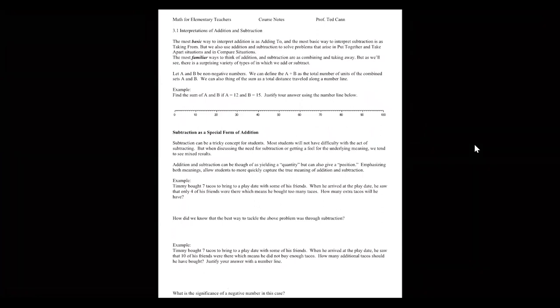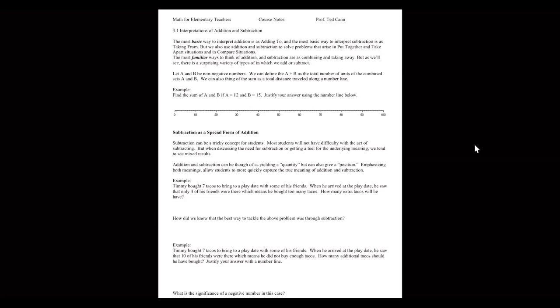But we also use addition and subtraction to solve problems that arise in put together and take apart situations, but also in compare situations. The most familiar ways to think of addition and subtraction are as combining and taking away. But as we'll see, there are a surprising variety of types in which we add or subtract.